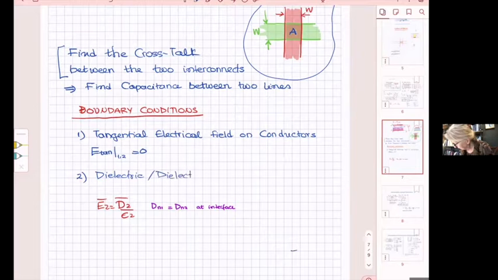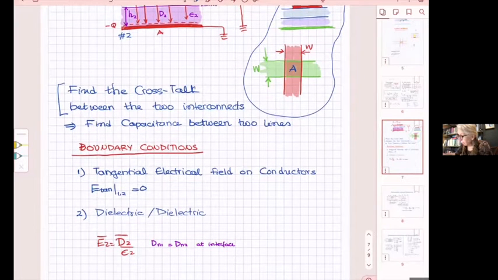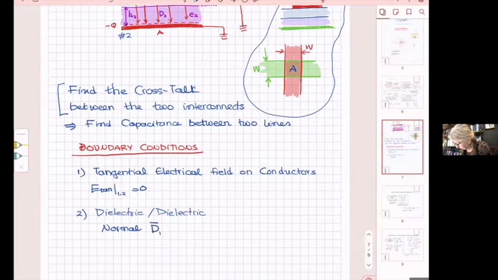What happens there? According to what we discussed last time, the boundary conditions there say that the normal D components are continuous through the interface.